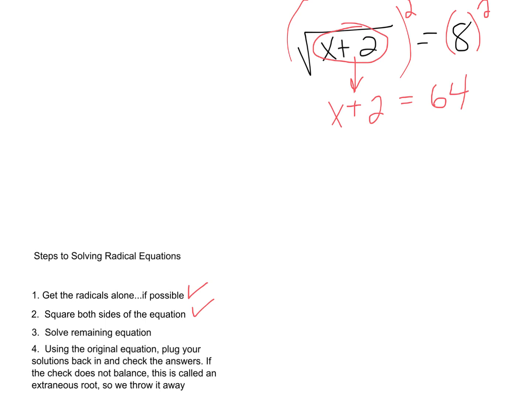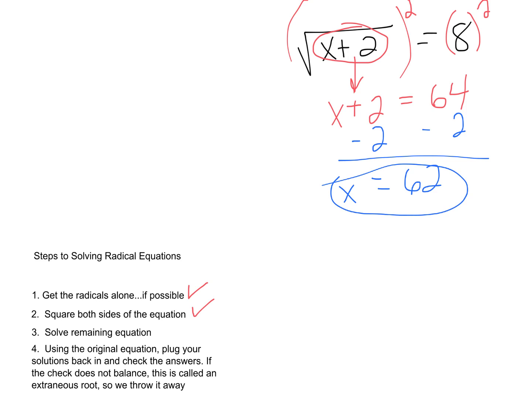Now step 3 says to solve the remaining equation. Solving x plus 2 equals 64 is simple. We're just going to subtract 2, so x equals 62. Now the last part: we have to check our answer to make sure we're right. For our check, we take 62 and plug it back in for x.